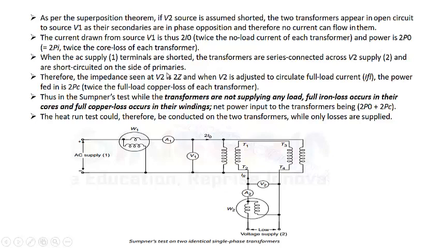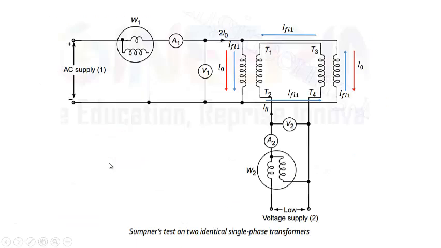When this happens, the current that flows is the full load current, when we apply the voltage and increase it in such a way that the full load current flows in the secondary of the transformer, because this is the high voltage side, and in a short circuit test we supply the voltage from the high voltage side and short circuit the low voltage side.